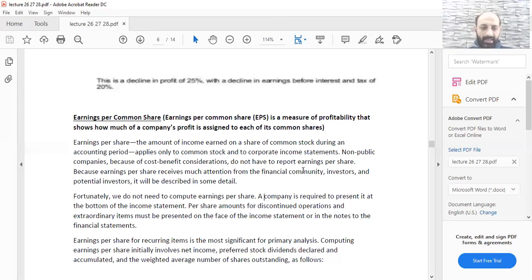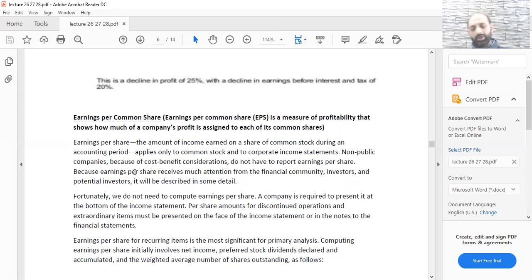Now, fortunately, as an investor, you do not need to compute earnings per share. Why not? Because a company is required to present it at the bottom of the income statement. Per share amount for discontinued operations and extraordinary items must be presented on the face of the income statement or in the notes to the financial statement.